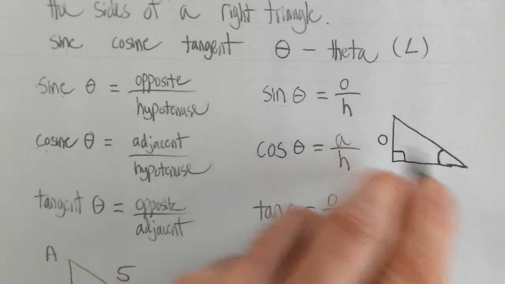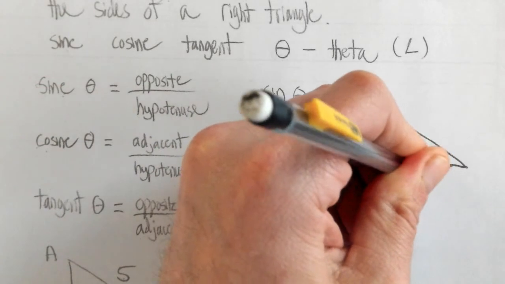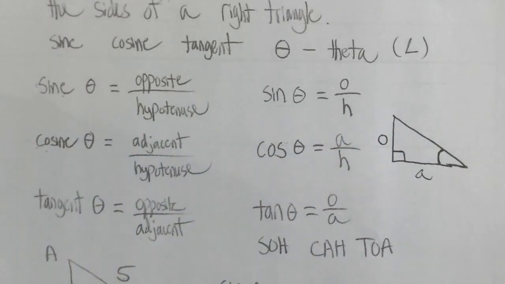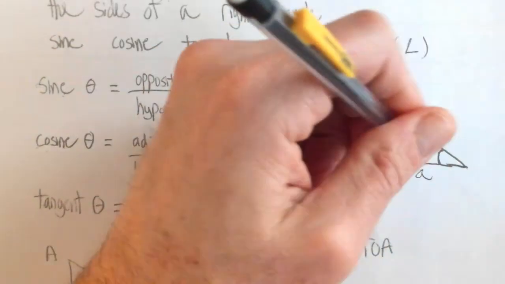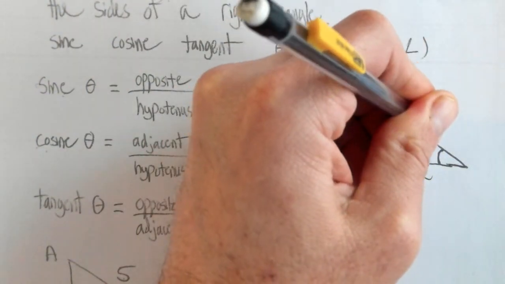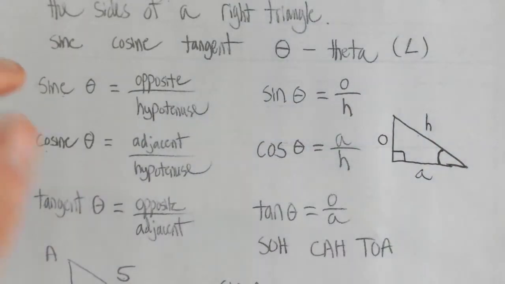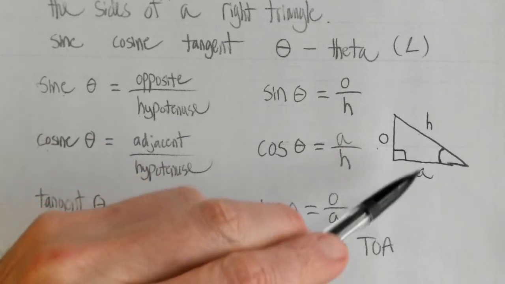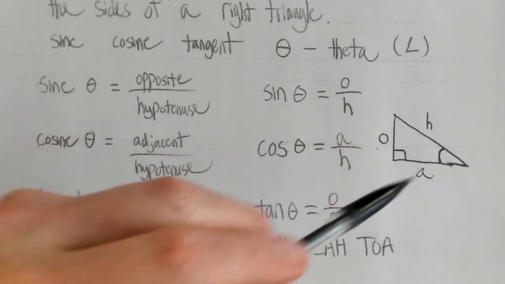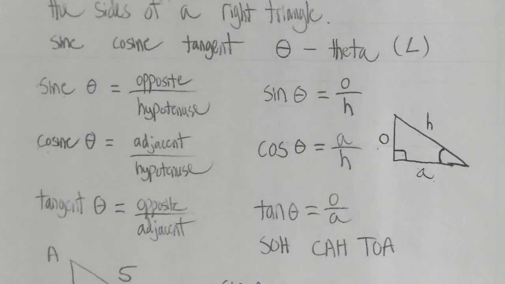The adjacent side is the leg that's connected to the reference angle, right? Okay, and the hypotenuse is the side that's across from the 90. So opposite is across from the reference angle, adjacent is the leg that's connected to the reference angle, and the hypotenuse is always across from the 90.